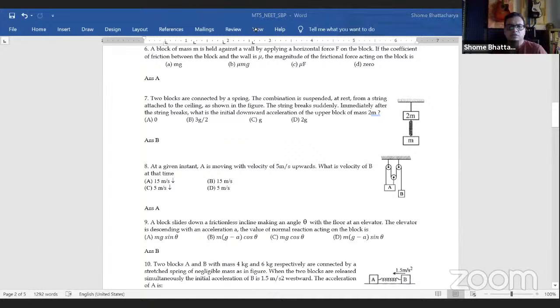Okay, so eighth question, you have to again use the constraint relation. It is given to you that A is moving upwards with a velocity of 5 meters per second. You have to find B's velocity. So make use of that virtual power method which I have discussed with you.